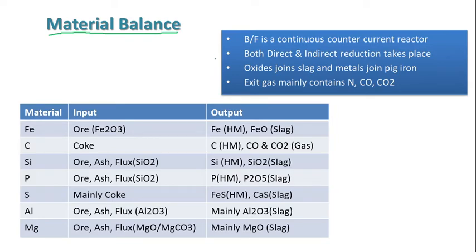Direct and indirect reduction of iron oxides to successively lower oxide forms happens, and along with the iron oxide some other oxides are reduced. The oxides generally join the slag phase in the molten state, and the metal generally joins the hot metal or pig iron part.